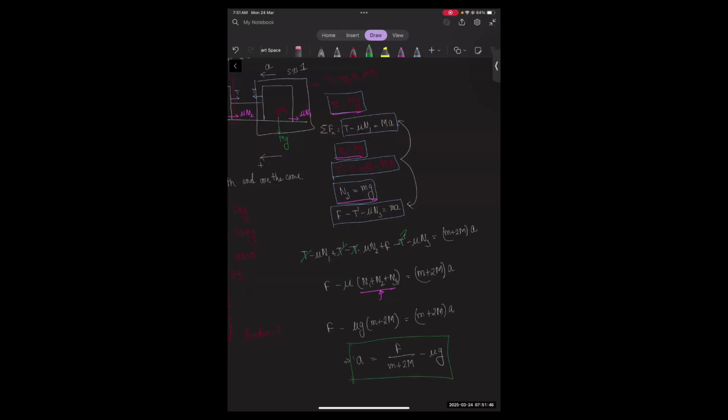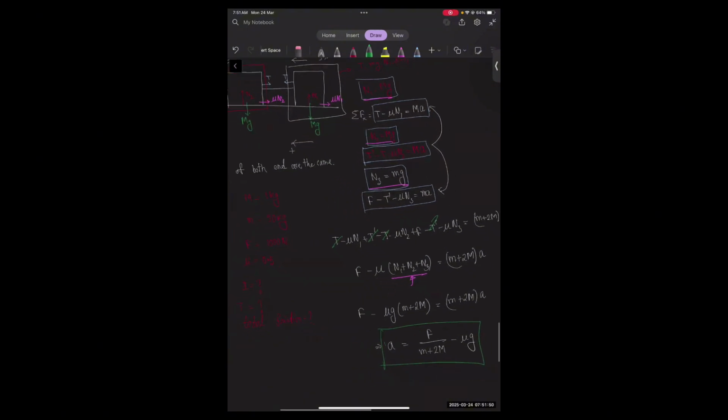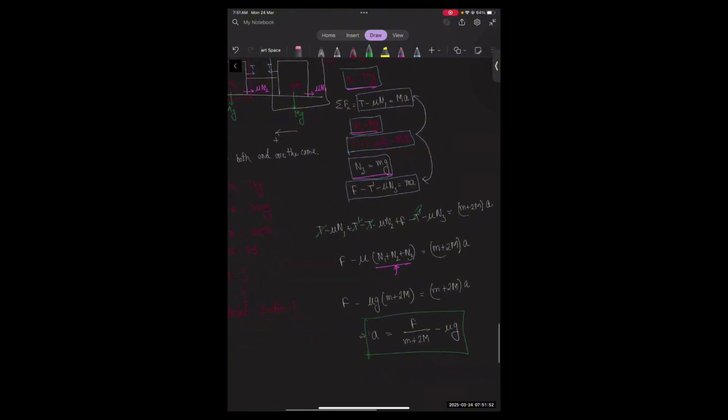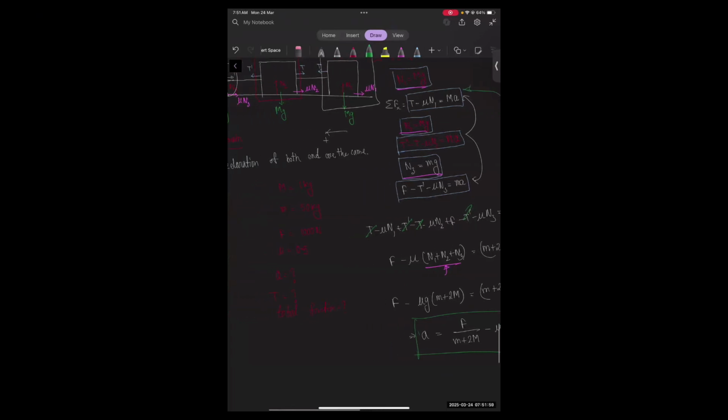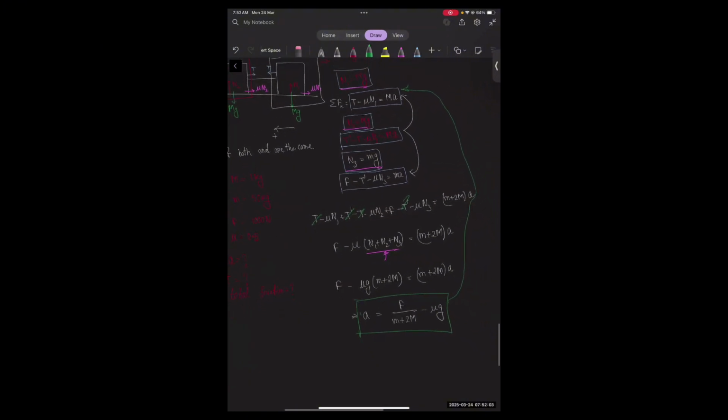Once you have the acceleration, the rest of the parts are not that difficult either. You know a. If you plug a back in here, it's just equation solving. There's nothing fancy going on. So if you just plug a back in the first equation, that gives you T minus mu n1. Remember, n1 is just mg.